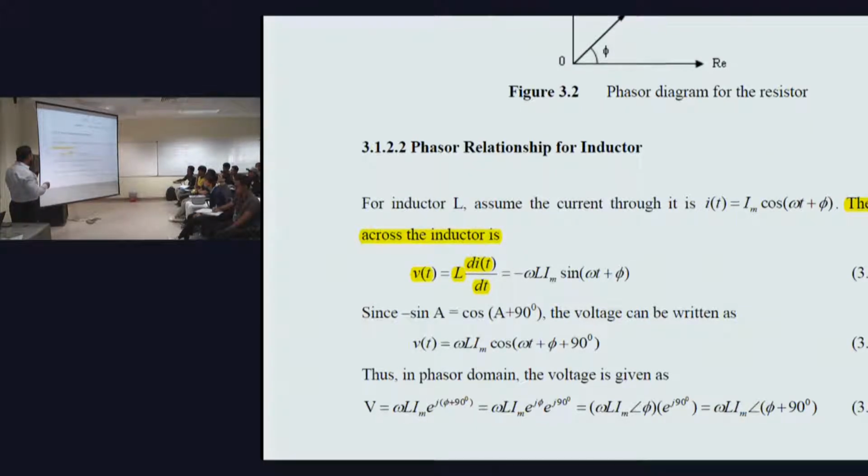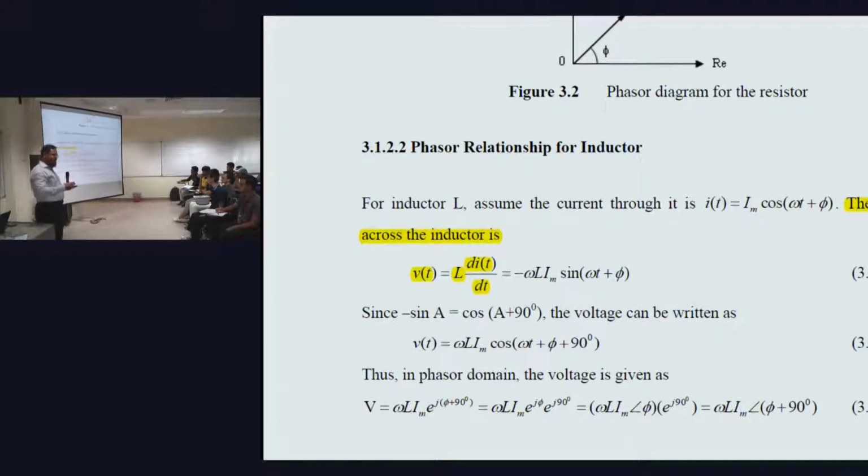Assume the current through it is i(t), which is equal to Im cos(omega t plus phi), where phi is the phase angle. The voltage across the inductor in response to that current would be L di/dt. So now we are trying to find the voltage-current relationship through an inductor.